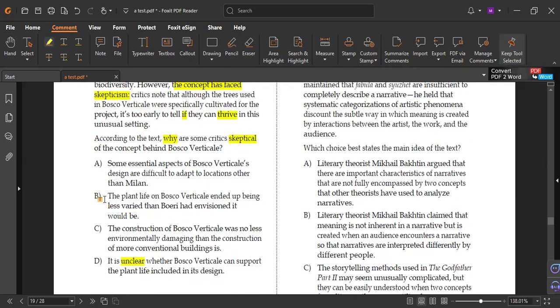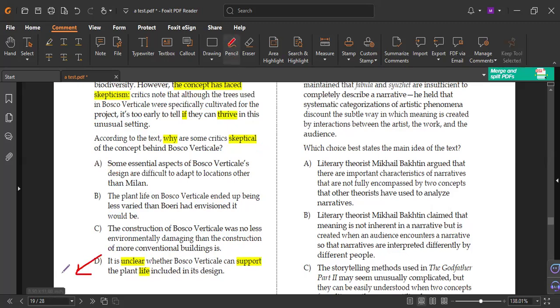Do we have any idea that the plant life ended up being less varied? He was not talking about the variety of the plant life. He's talking about whether it can thrive or not, can support the plant life or not. So we need something already mentioned in the text, not from our outside knowledge, not from memory, not from our speculation. Again, letter A is wrong.